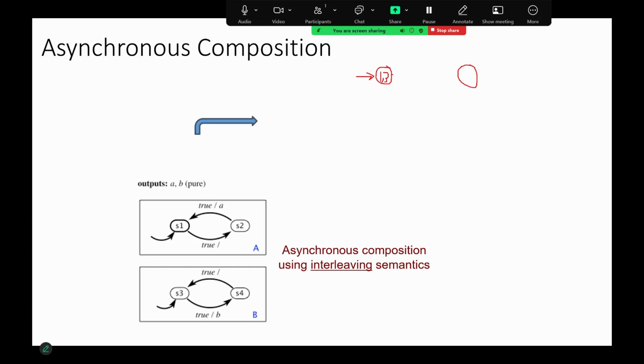So what should I write? Okay, 2, 3. And what would be the transition? And the output? Okay.